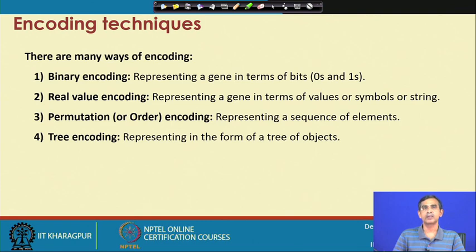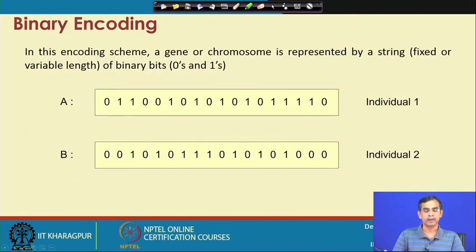And the tree encoding scheme is a special form of the encoding mechanism, where it is stored in the form of a tree. A tree is a structure with which we can represent many problems, and we will learn about tree encoding with an example. So, understand that. Now, I will first start with binary encoding.